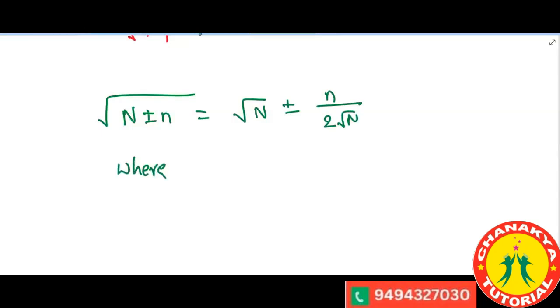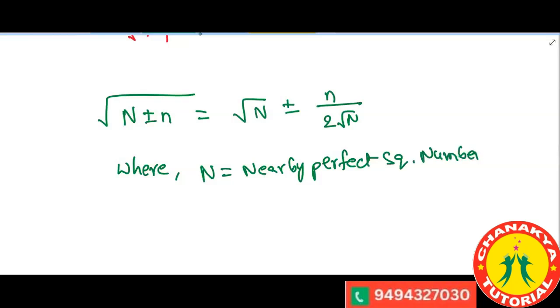Root of (N plus or minus n) is equal to root N plus or minus n by 2 root N, where capital N is the nearby perfect square number, and small n is the extra or less value.